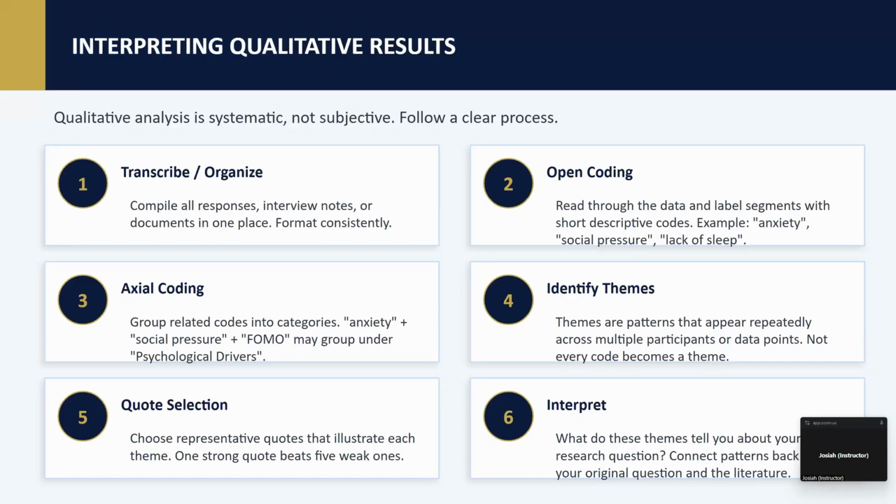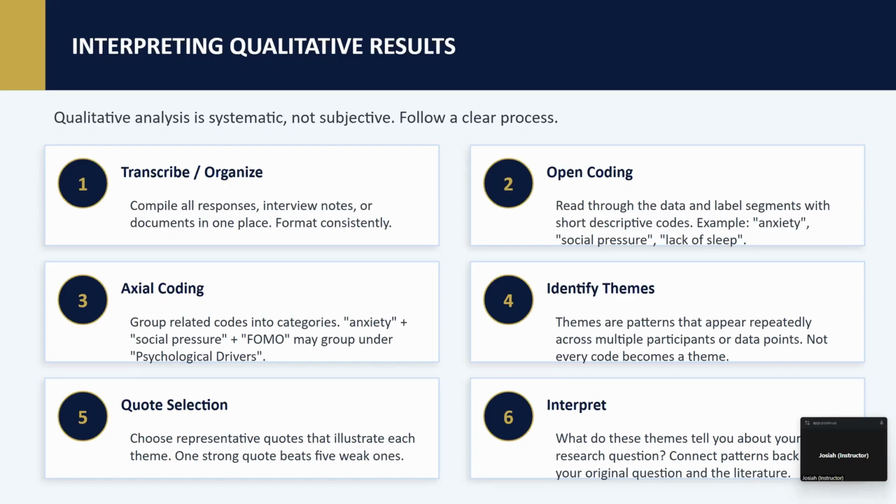Format consistently. Number two, open coding. Read through the data and label segments with short descriptive codes, for example, anxiety, social pressure, lack of sleep. Number three, axial coding. Group related codes into categories, like anxiety and social pressure and FOMO may group under psychological drivers.